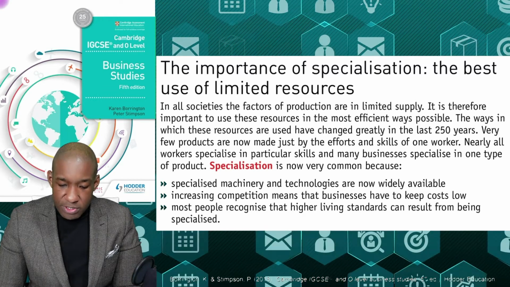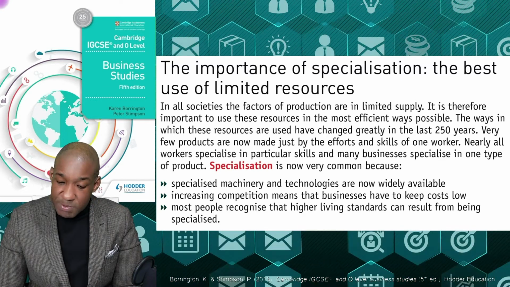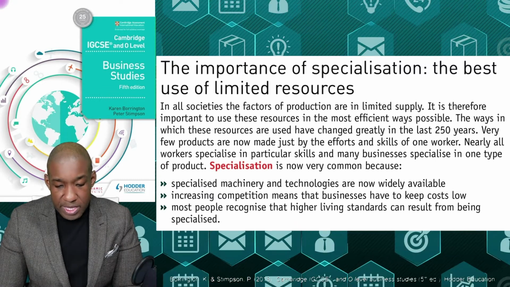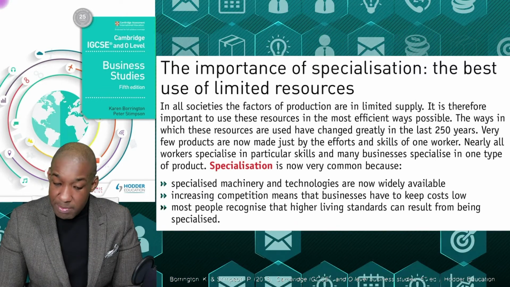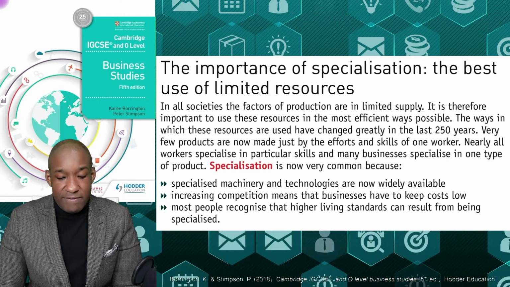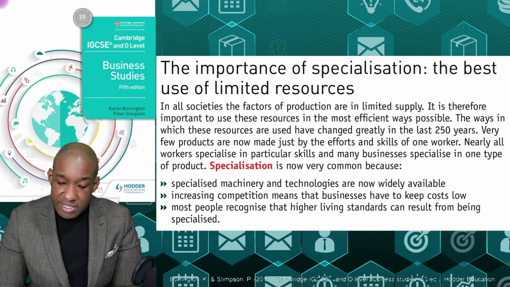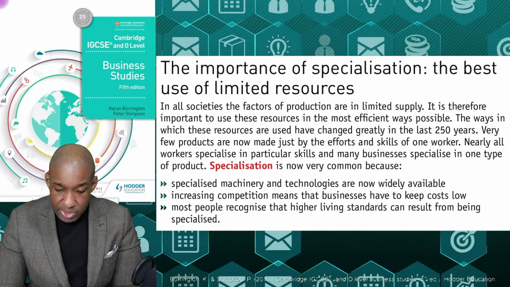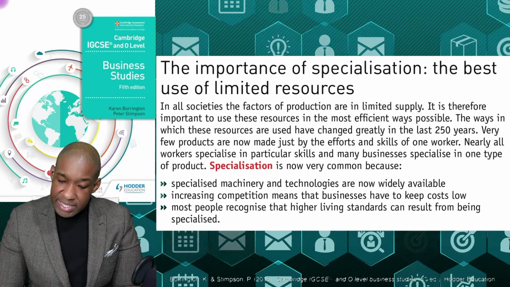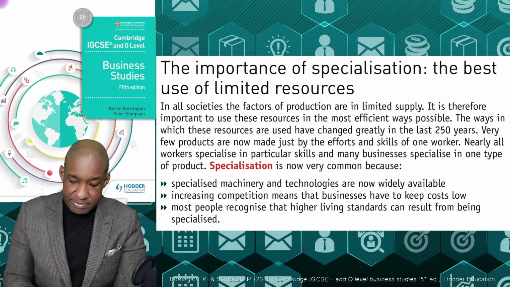Nearly all workers specialize in particular skills, and many businesses specialize in one type of product. Specialization is now very common because specialized machinery and technologies are now widely available. Increasing competition means that businesses have to keep costs low. And most people recognize that higher living standards can result from being specialized.